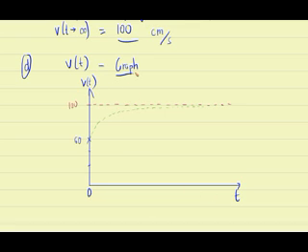It's always good to do that, and also always good to write down what the graph is. So in this case, you could say it's the velocity function. Just something like that to keep everyone happy.